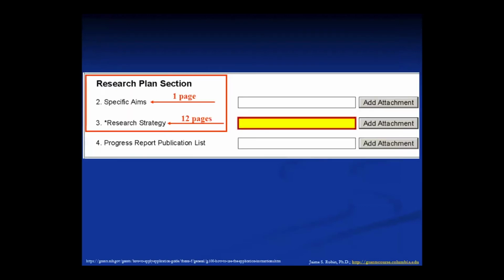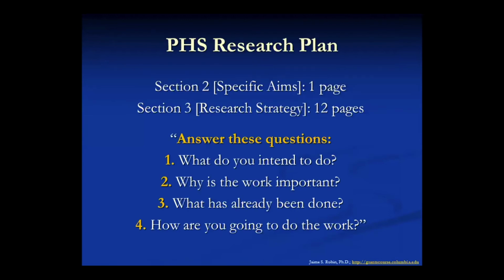And this research plan section is made up of 2 components, the 1-page specific aims and the 12 pages research strategy. So basically, you're answering these basic 4 questions. What do you intend to do? Why is it important? What's already been done in the field? And how are you going to do what you propose?